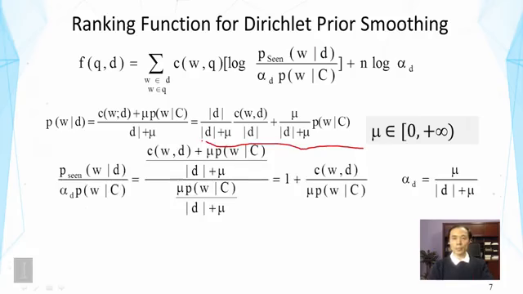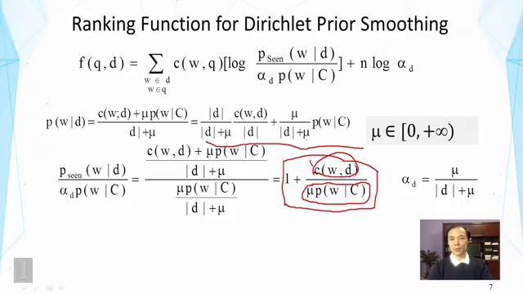And when we compute this ratio, what we find is that the ratio is equal to this. Now, what's interesting here is that we are doing another comparison. We're comparing the actual count with the expected count of the word if we sample mu words according to the collection word probability. So note that it's interesting, we don't even see document length here, unlike in the JM smoothing.